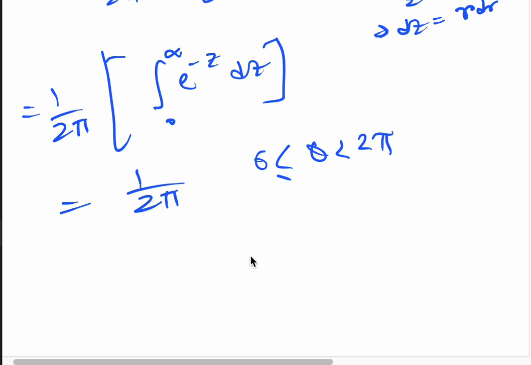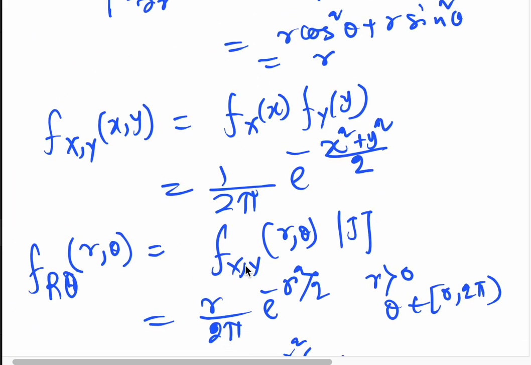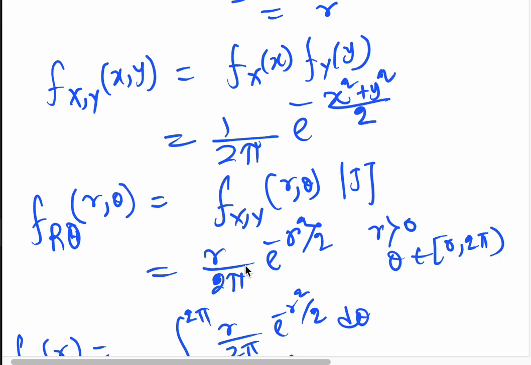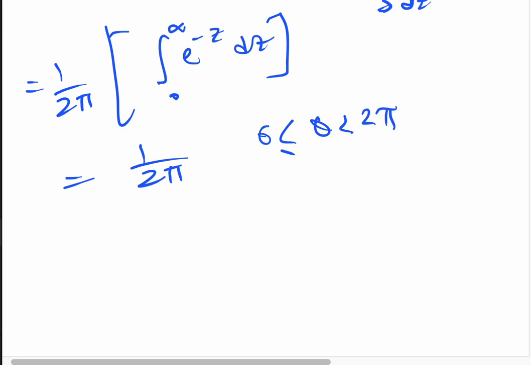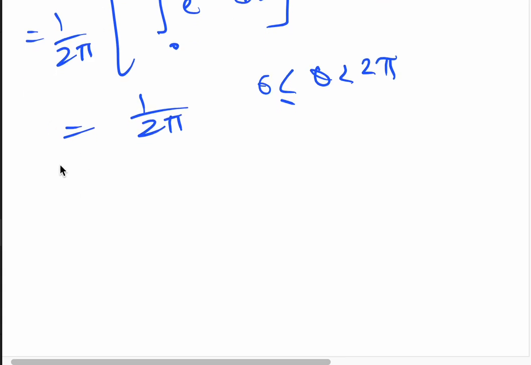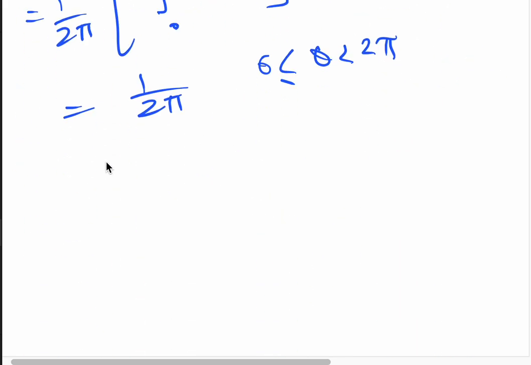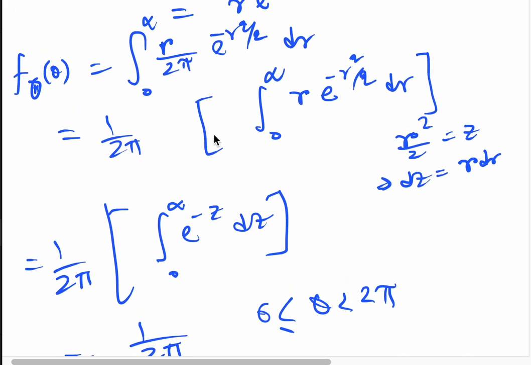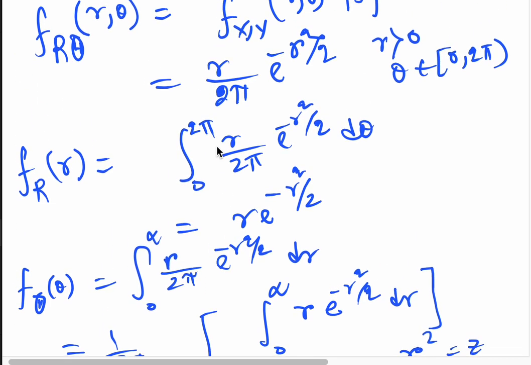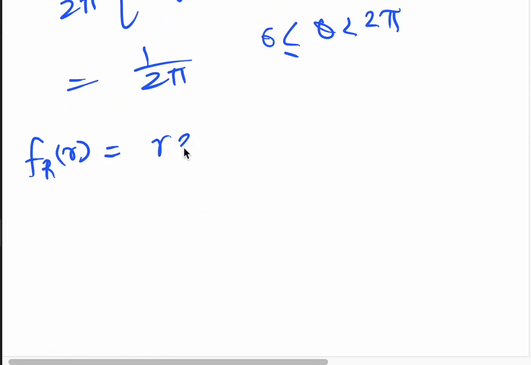That means the distribution of r is this, f of r equal to r e to the power minus r square by 2.